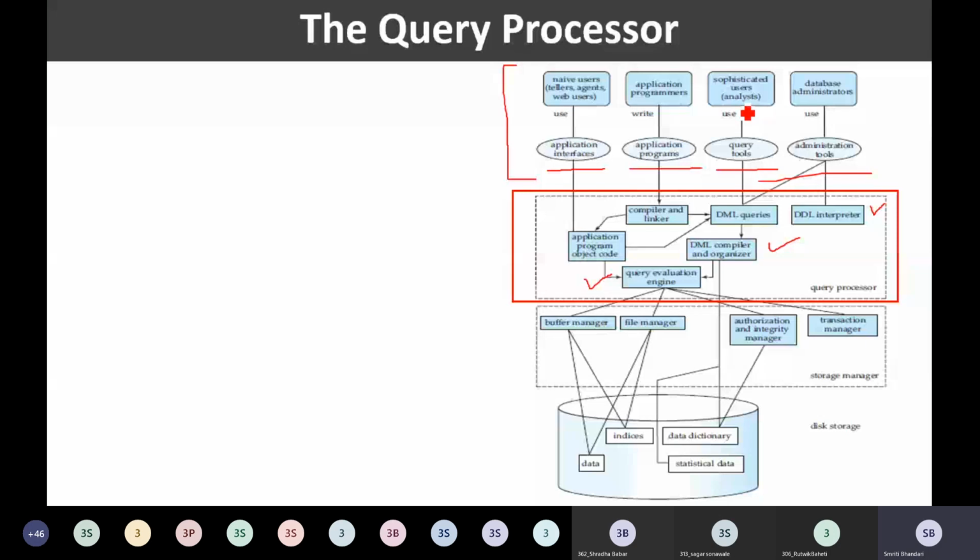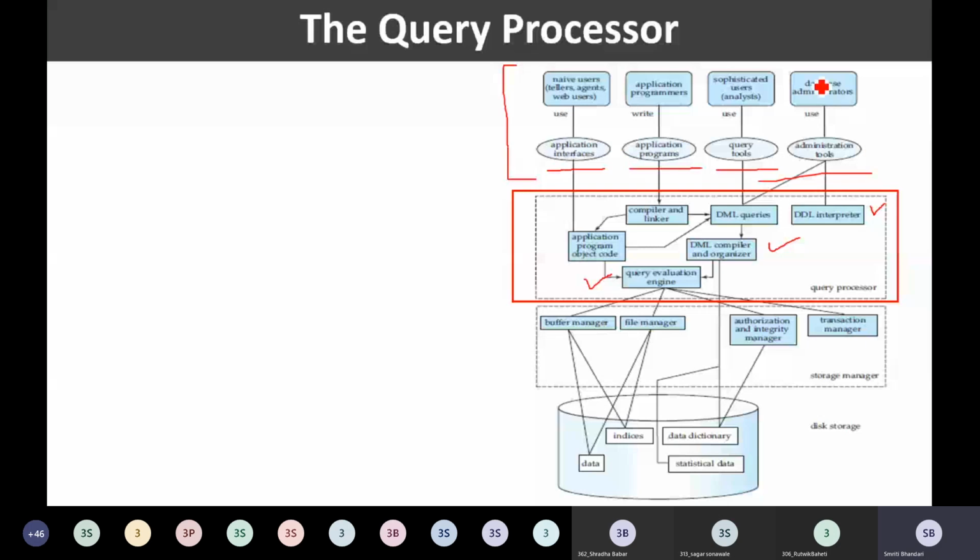The database administrator is having his or her own administration tools. So every kind of user is making use of an appropriate interface, such as application program, application interface, GUI, forms, query tools, or the administration tools. And by making use of these interfaces, my users are actually interacting with the database system.